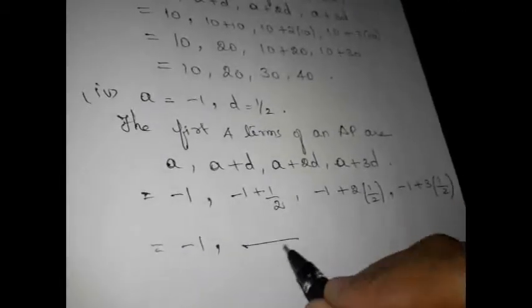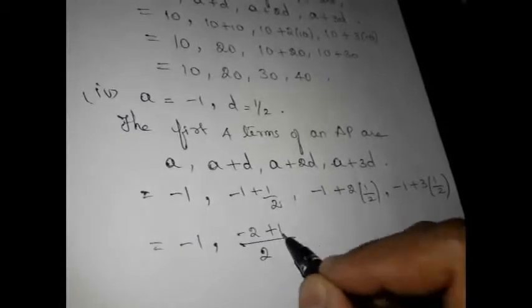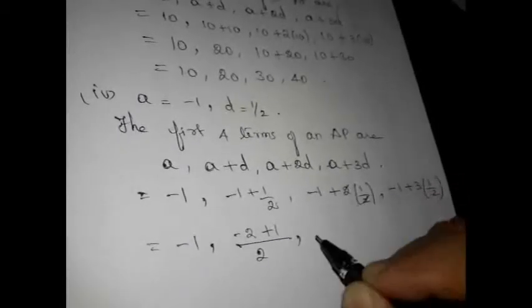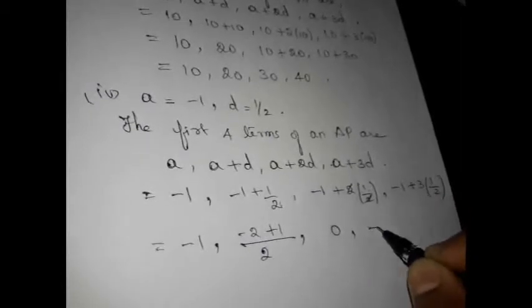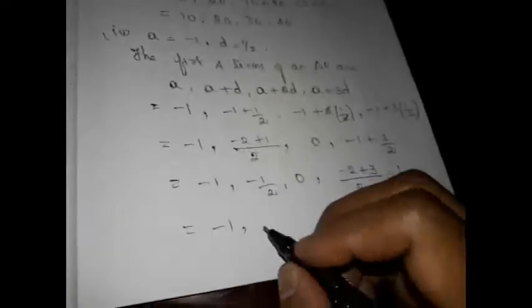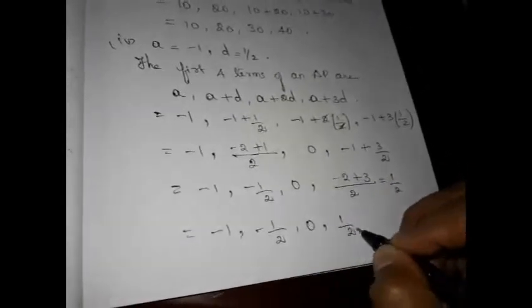Take LCM, which is 2: minus 2 plus 1 over 2, and the 2 you can cancel. So minus 1 plus 1 will become 0, and this is minus 1 plus 3 by 2. So this is minus 1, minus 1 by 2, 0, and if you take LCM, this will become minus 2 plus 3, which is nothing but 1 by 2. So the first 4 terms are minus 1, minus 1 by 2, 0, 1 by 2.